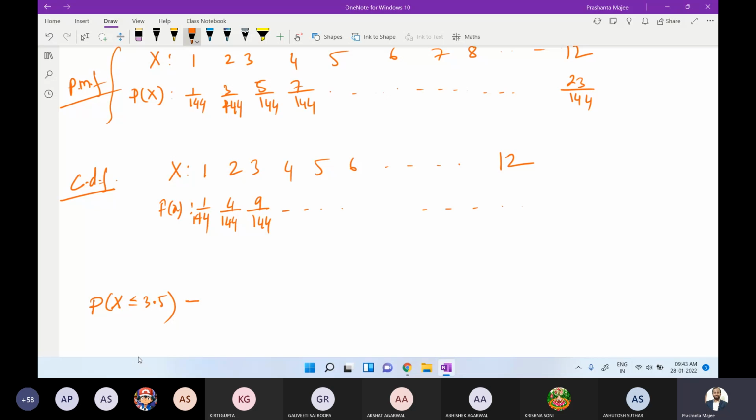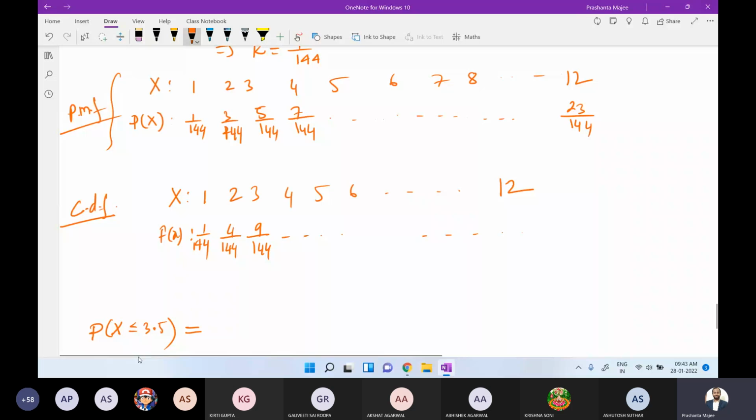So what will it be? 9 by 144. You can use either the probability mass function or the cumulative distribution function, and from there you can determine the probability that the random variable assumes that value. Any question you ask, such as the probability that the random variable takes the value 12, or takes a value more than 7.2, all these answers you will get from this distribution function.